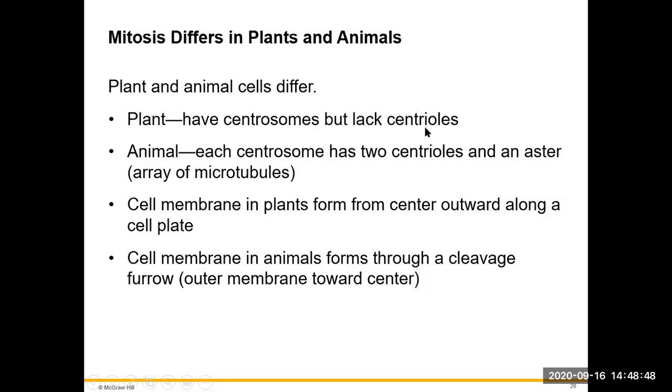We'll cover them in detail later, but these are parts of the microtubules that hold the chromosomes together and that move apart during the metaphase. Animals contain two centrioles that will move to the opposite pole.